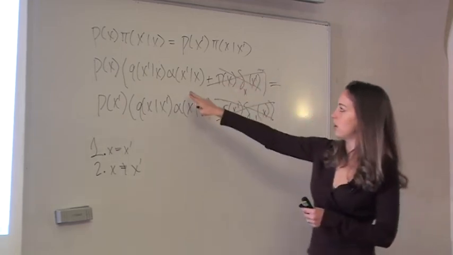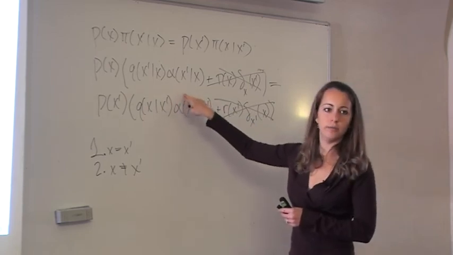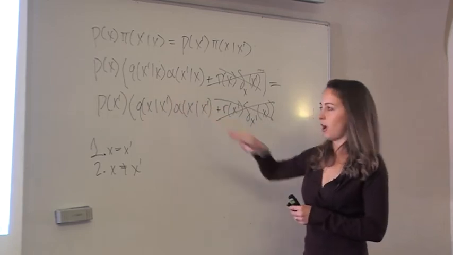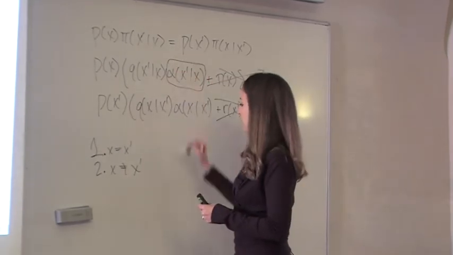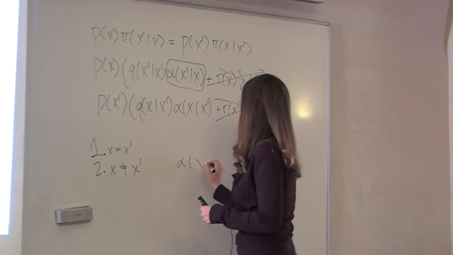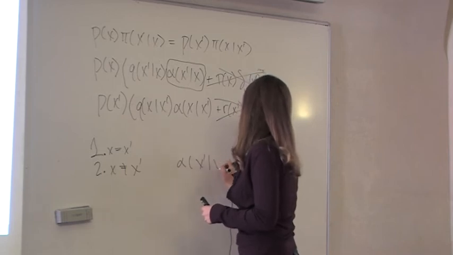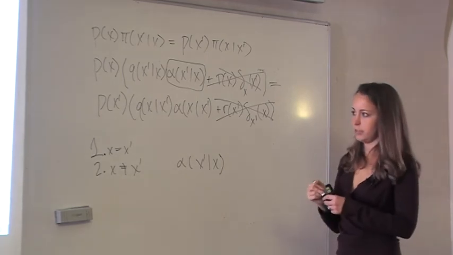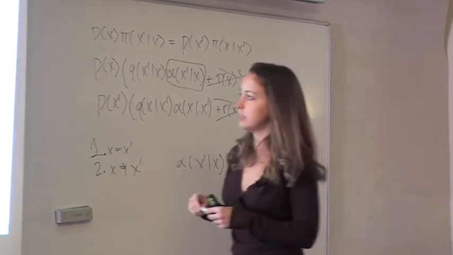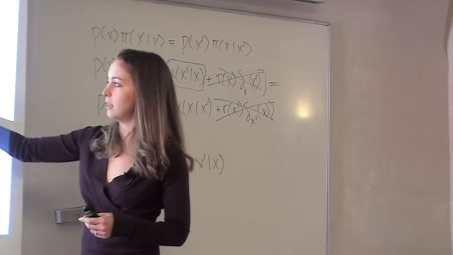So we just need to show that these two things are equal. So let's look at this acceptance probability of x prime, given that our current state is x. This is just this quantity here.